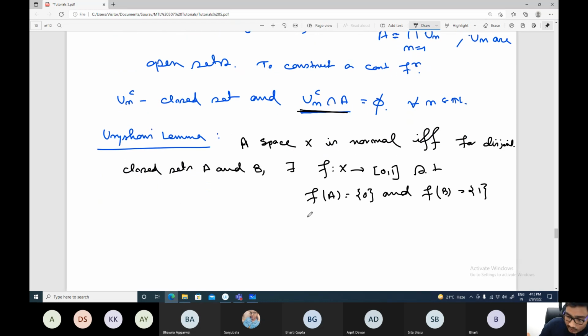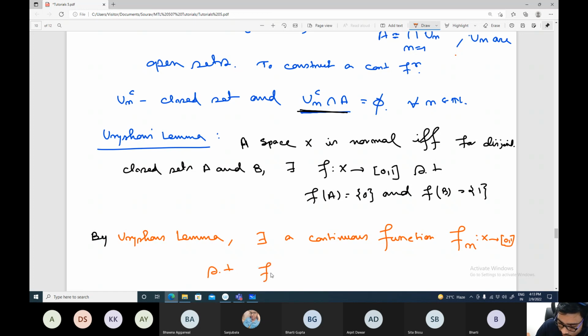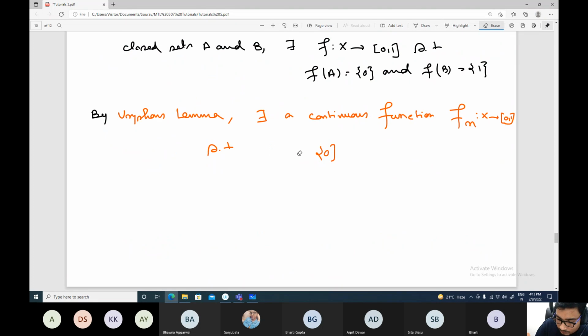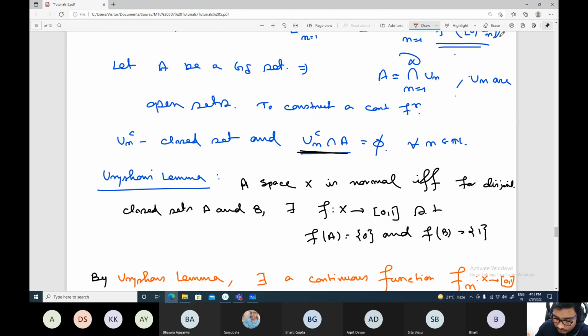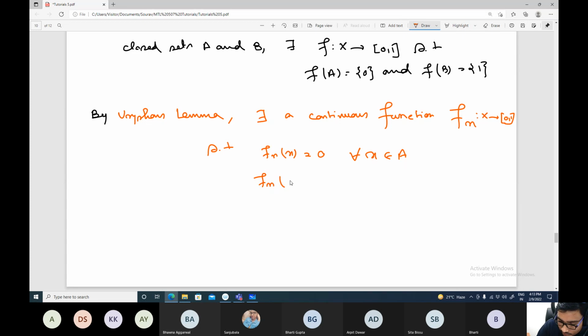So by Urysohn's lemma, there exists a continuous function fn from X to [0, 1] such that fn(x) equals 0 for all x belonging to A, and fn(x) equals 1 for all x belonging to Un complement.